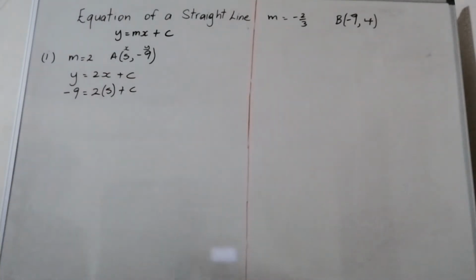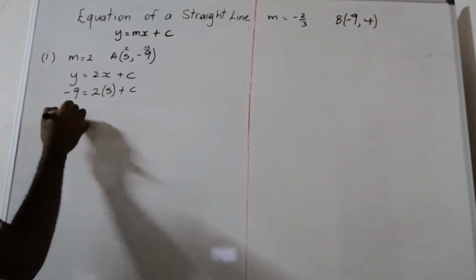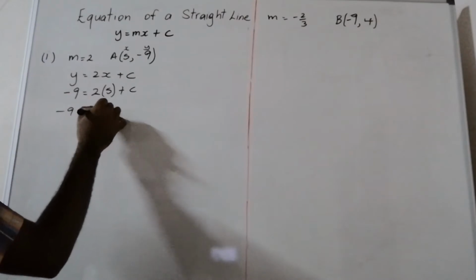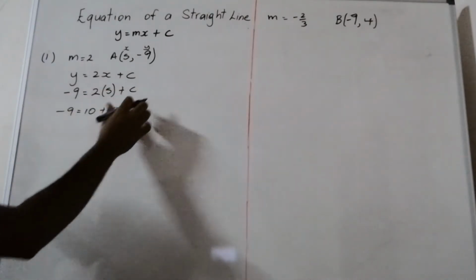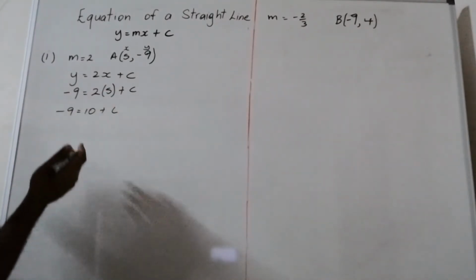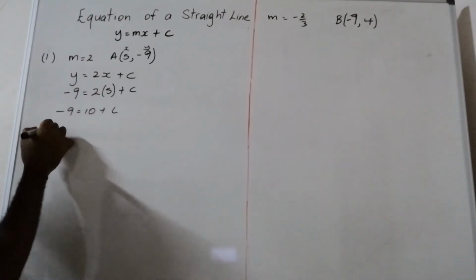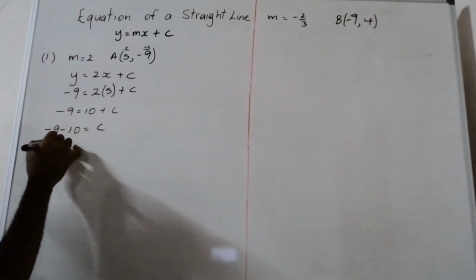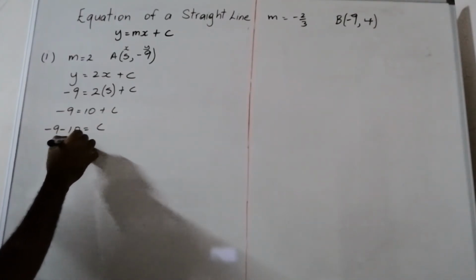We work that out: minus 9 is equal to 10 plus c, 2 fives are 10, plus c. So taking our 10 over to find c, minus 9 take 10 is equal to c. That will give us negative 19.